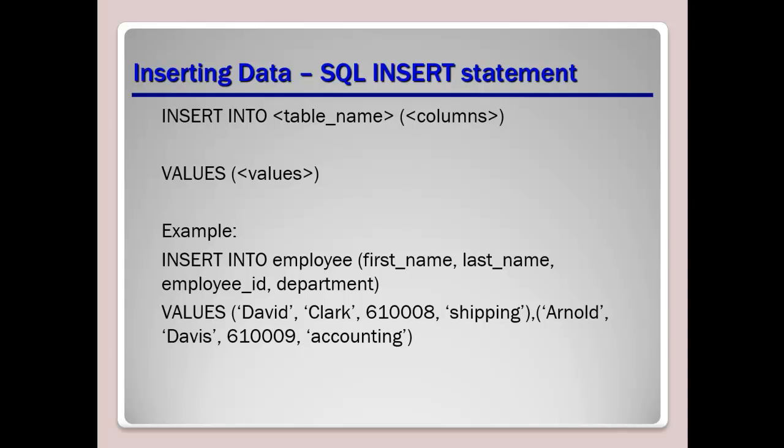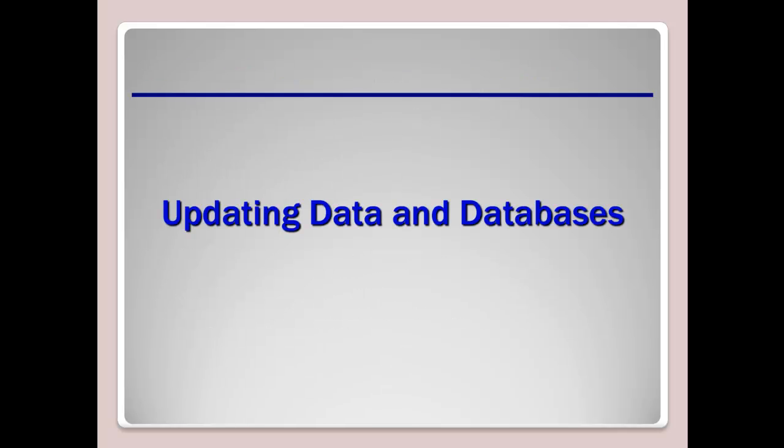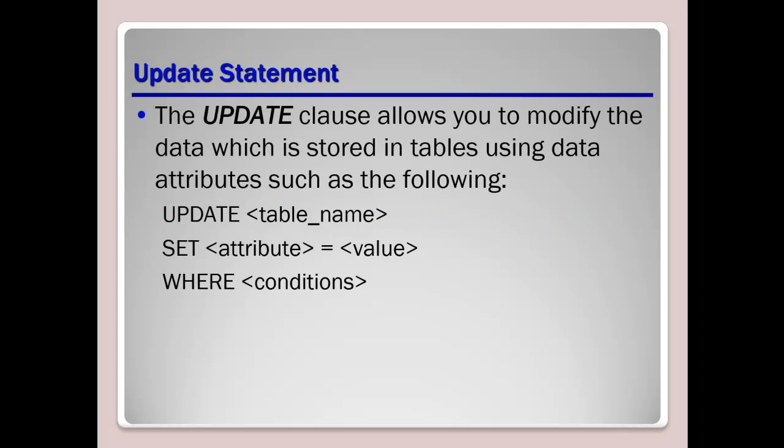Now we're going to talk about updating data in databases. The update clause, or the update statement, is where we're going to start. Now the function of the update statement is to change data in a table or in a view.